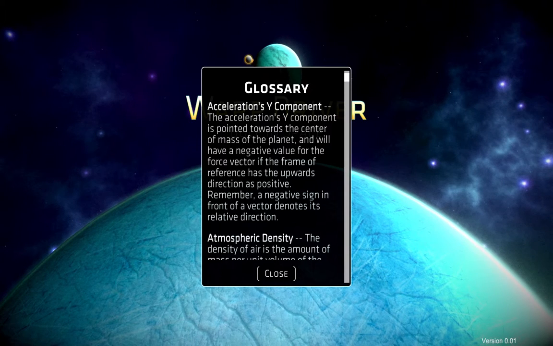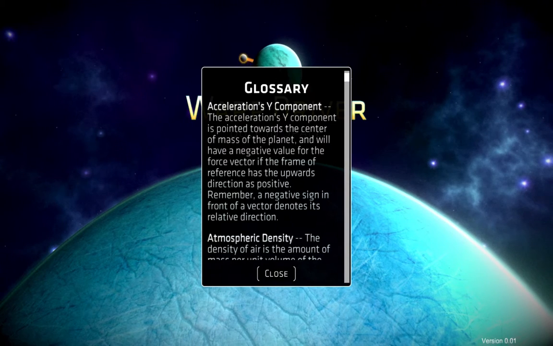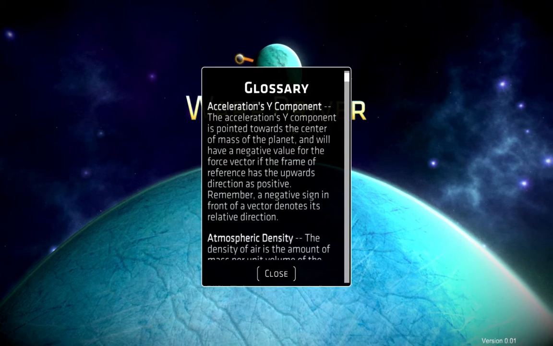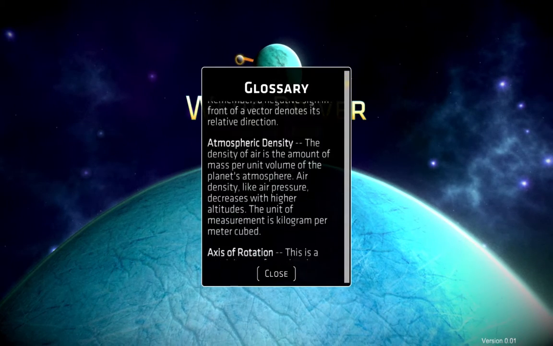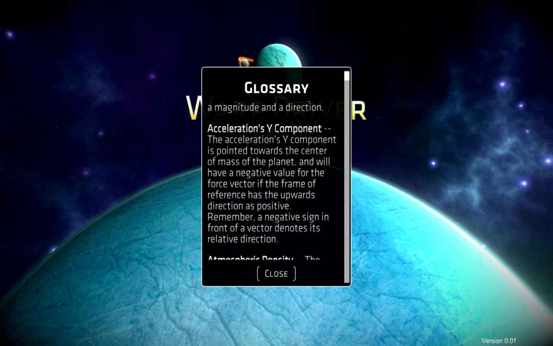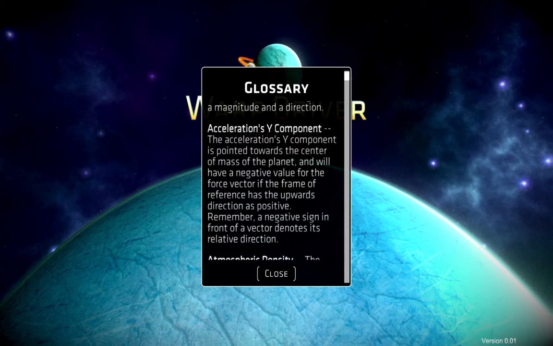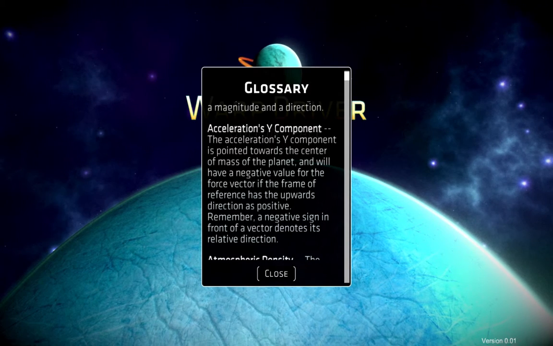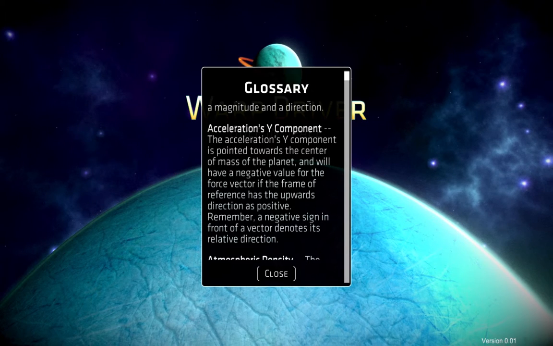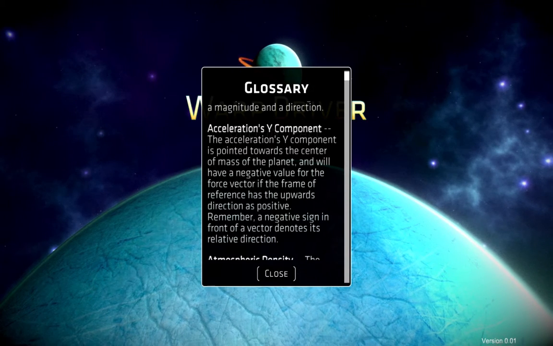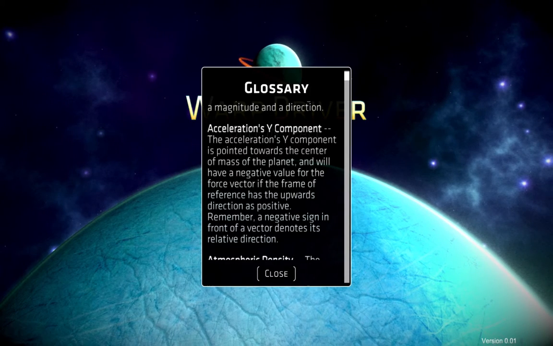And so this is sort of a clarifying statement as to what the y component is signifying for acceleration. And this is important too for acceleration because on the first planet, it's always going to be pointed down. Now, one thing to note as far as a facilitation standpoint is that the direction or the value, whether it's negative or positive for a vector, is dictating direction and not simply a numeric value that's negative.